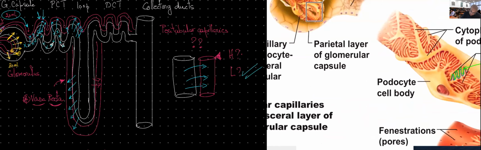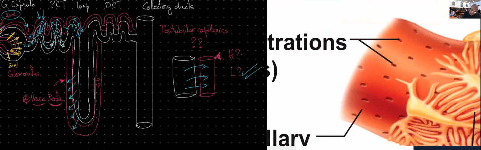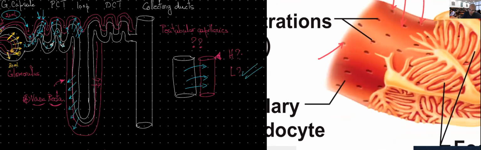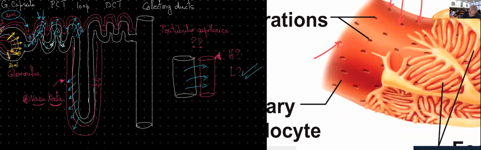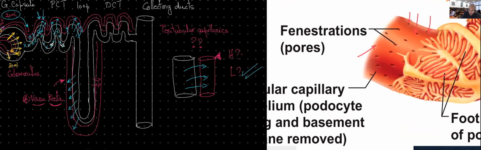If you notice on here, the endothelium of the glomerular capillaries is fenestrated. And those tiny spaces between the foot processes of the podocytes, those are my filtration slits.